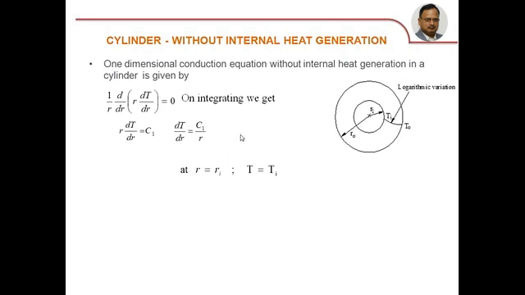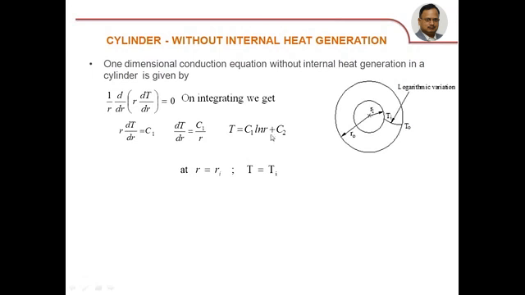That means dT by dr is C1 by r, and hence T equal to C1 log r plus C2 is the temperature distribution equation in a cylinder without internal heat generation. Because of this logarithmic term, the temperature variation is logarithmic in nature.